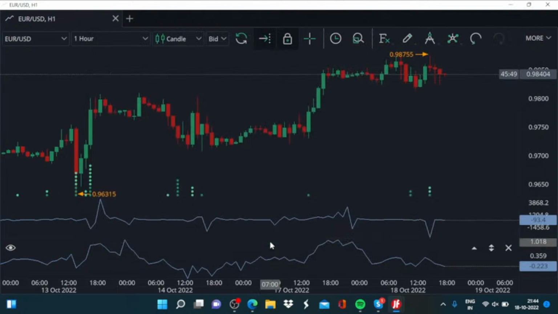So what we get here, this ROCR 100 output, is now derived using this ROC 10 indicator, and using this we get the derivative of the ROC. All right.